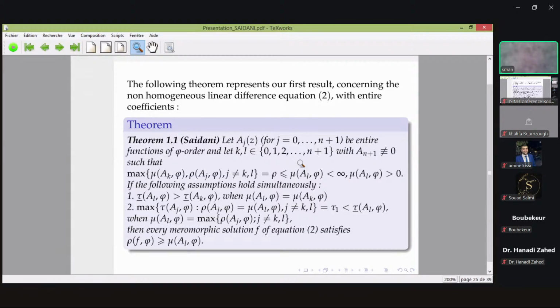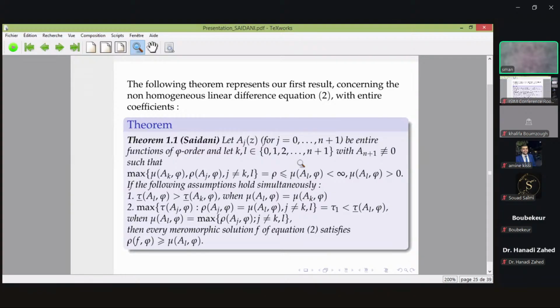In this theorem, we suppose that all coefficients of the equation are entire, and that there are two arbitrary leading coefficients AL and AK that have the same lower order, the same lower phi order and different lower phi tip.